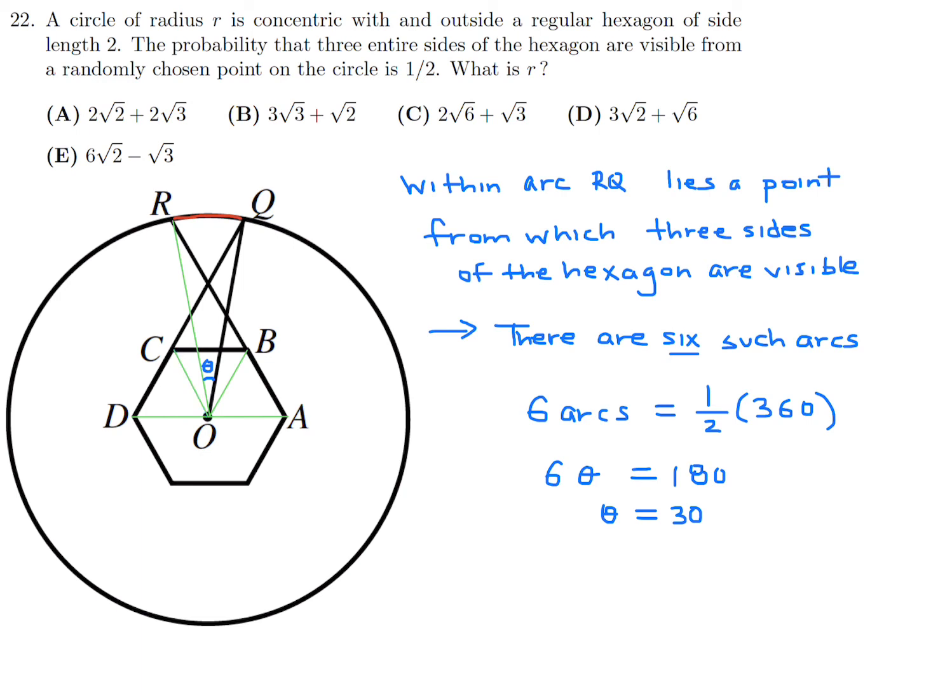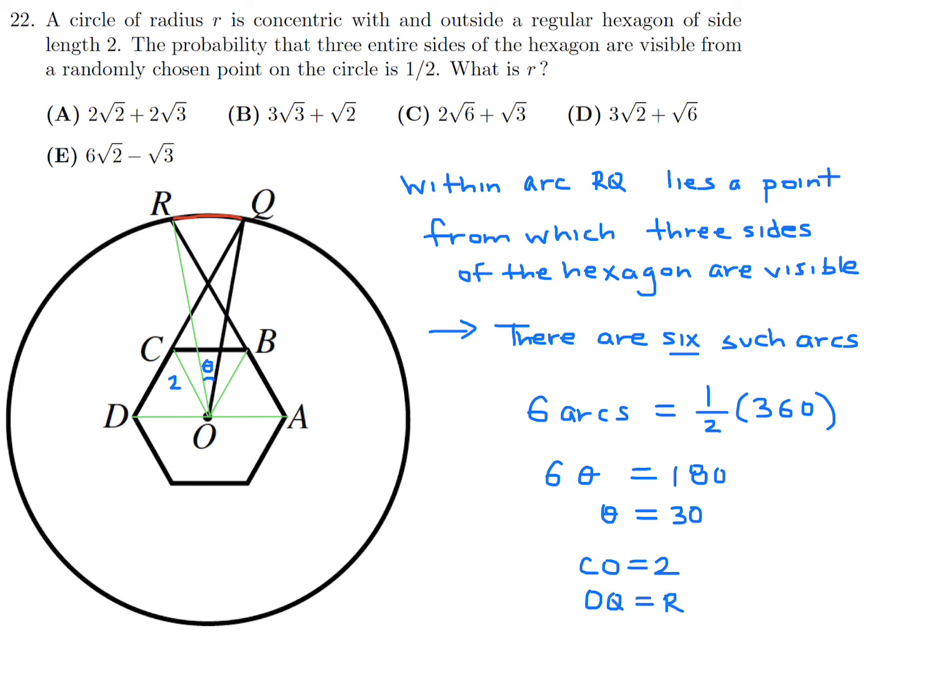All right? So I'll just write 2 right there from C to O. And I can write that here also, CO equals 2. Okay? And then in this diagram, OQ represents the radius of the circle, so I'll call that R.